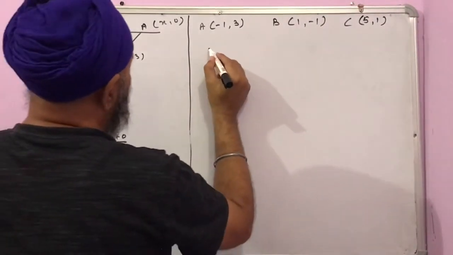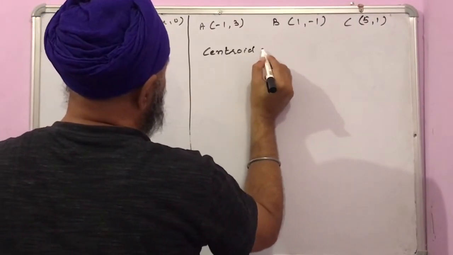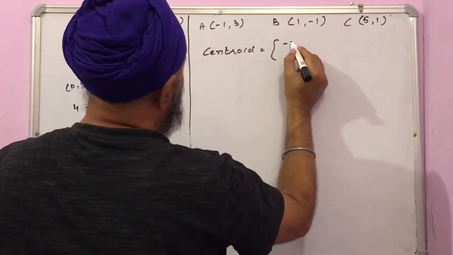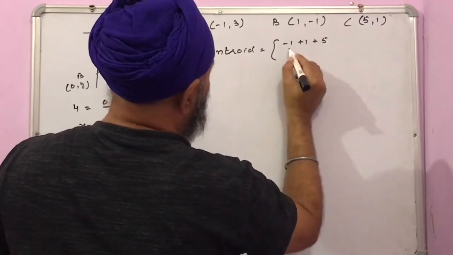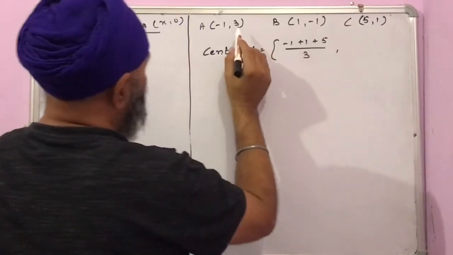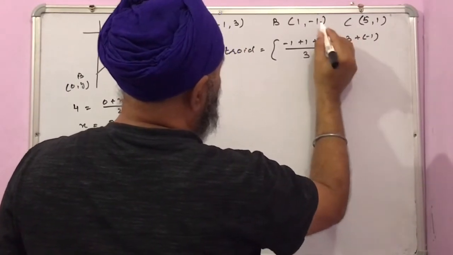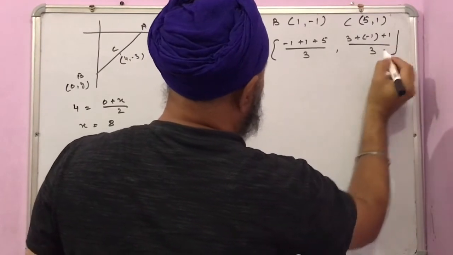So centroid is x1 plus x2 plus x3 upon 3, y1 plus y2 plus y3 by 3.